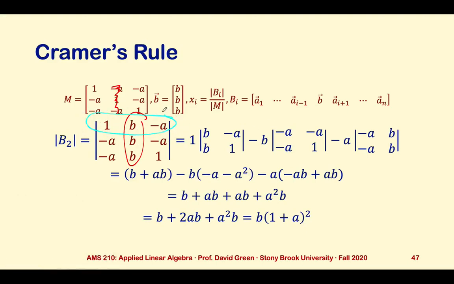I'm going to choose the first row, 1 times the determinant that we're left with when we delete the first row and the first column. That is the determinant of this block. Minus b, moving to the second piece, times the determinant that we get by deleting the first row and the second column. Negative a, negative a, negative a, and 1.